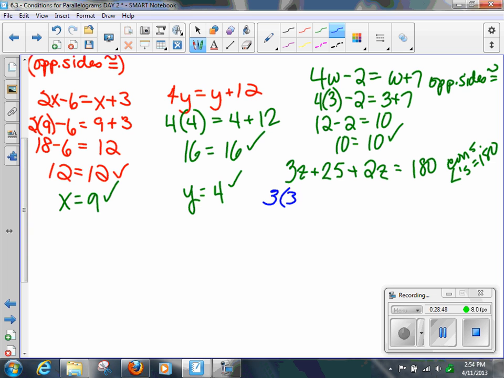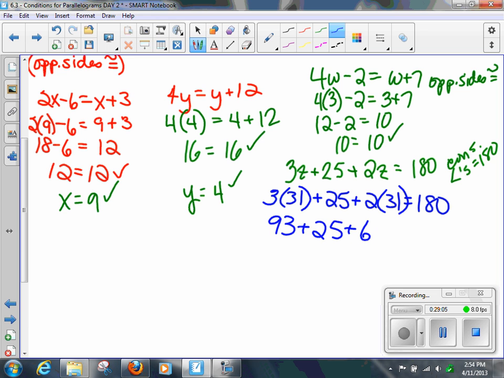3 times 31 plus 25 plus 2 times 31 is equal to 180. Let's see if that's true. 3 times 31 is 93, right? 93 plus 25 plus 62 is equal to 180.